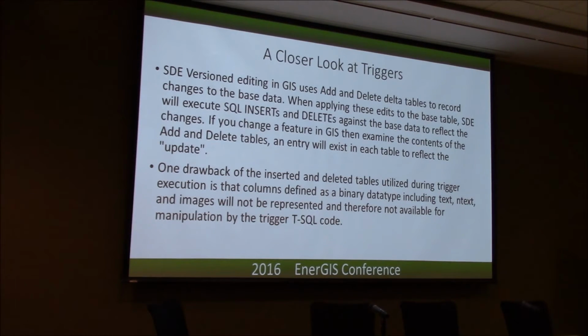One drawback he also found was that integers, text, images and a couple of other binary data types weren't able to be manipulated by the trigger. That was a bit of a drawback, but for what we needed it for, it really didn't affect us very much.